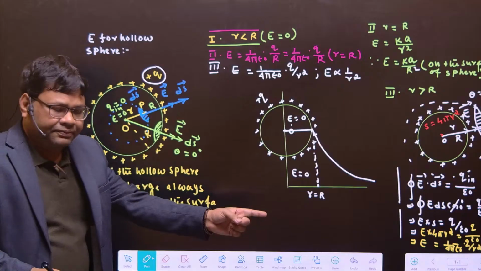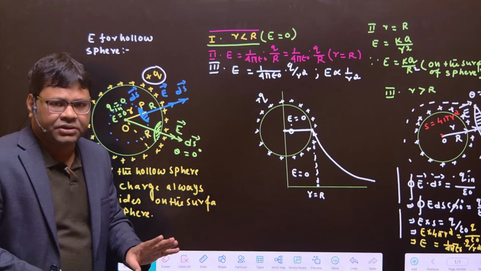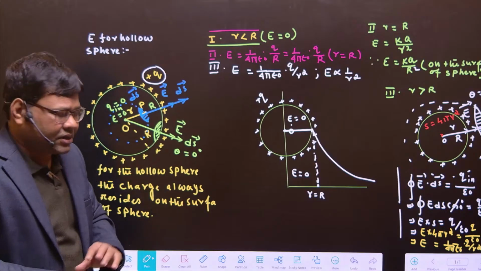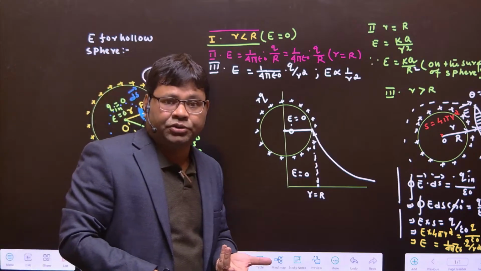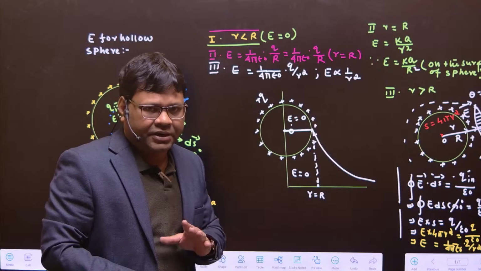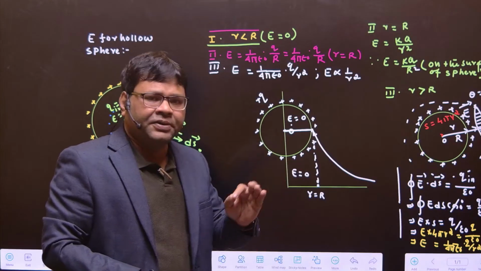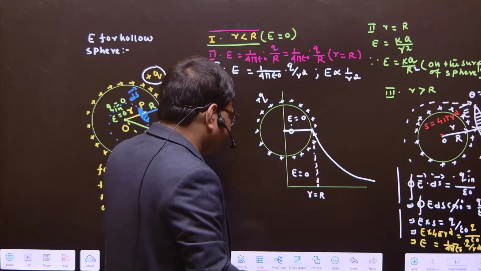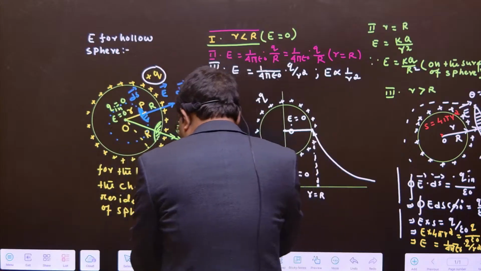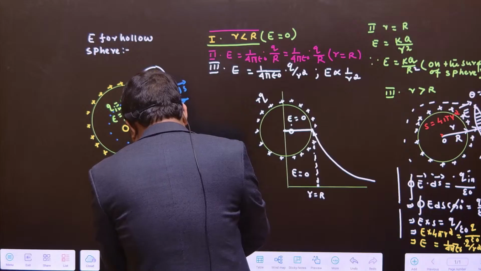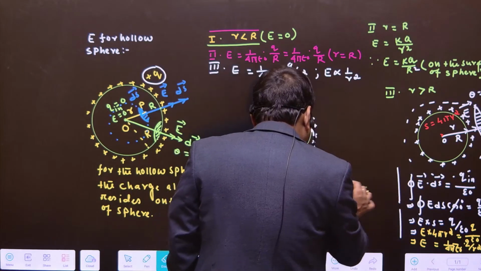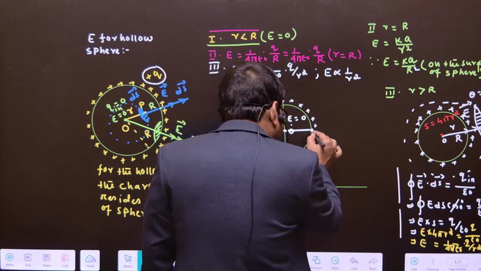But this graph will not touch the x-axis at any point. Why? If this graph touched the x-axis at a particular distance, electric field would be 0. But practically that is not possible. Electric field can exist up to infinite distance. That's why this graph will not touch the x-axis.